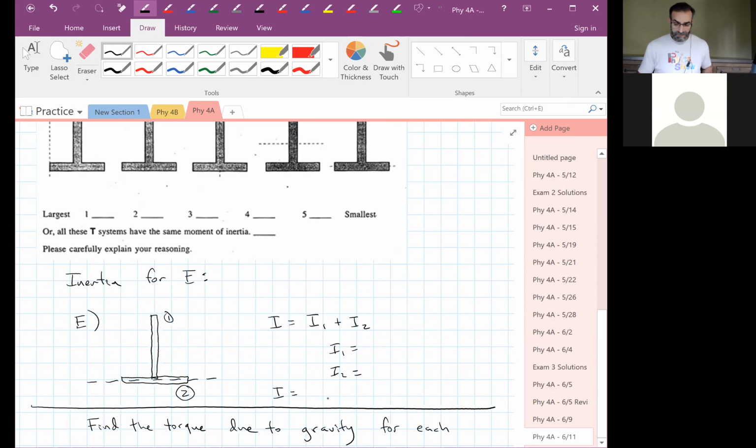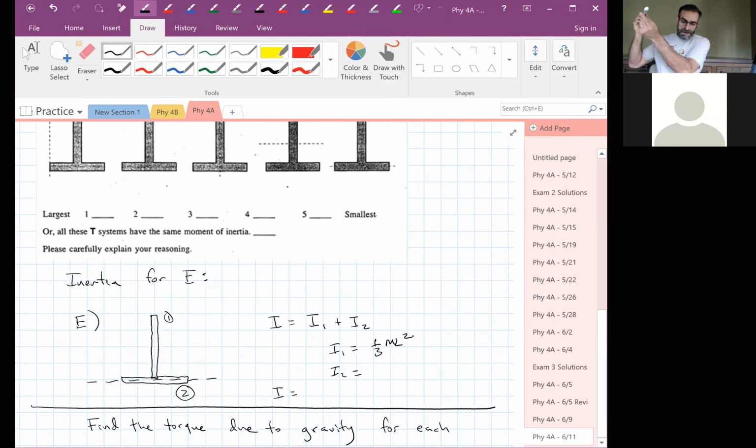How are we doing? We done? Object 1 is just a rod, right, rotating about its end point, 1/3 ml squared. Object 2 is a rod. I found better props today.